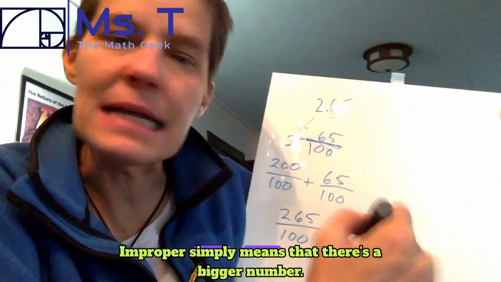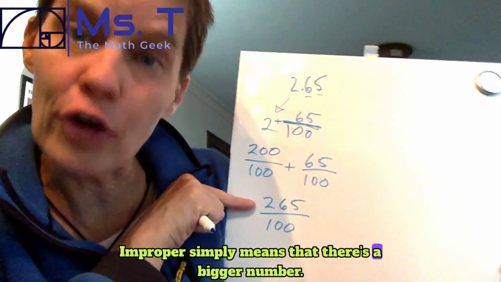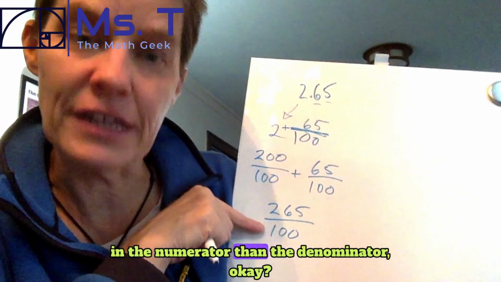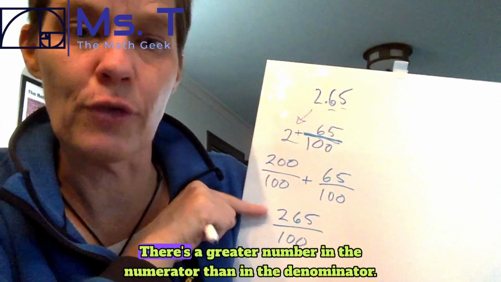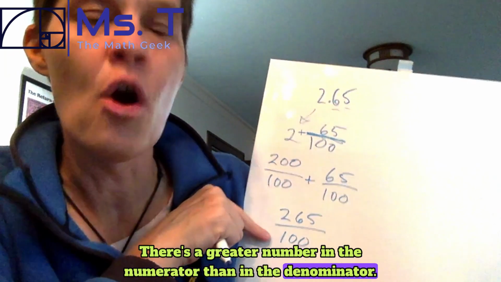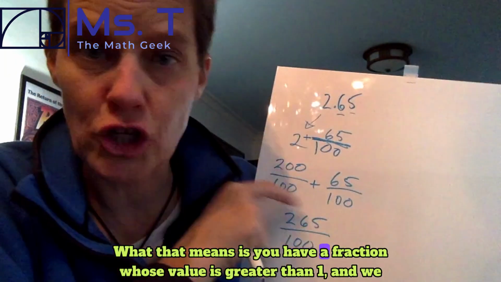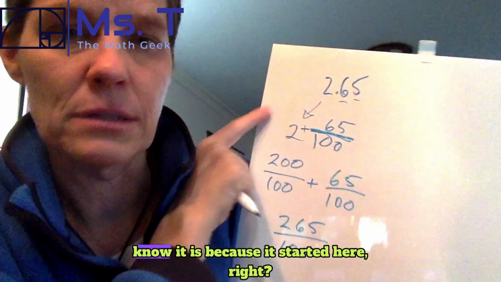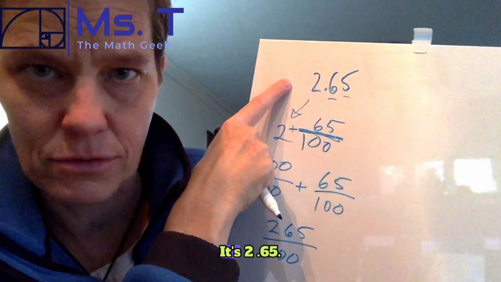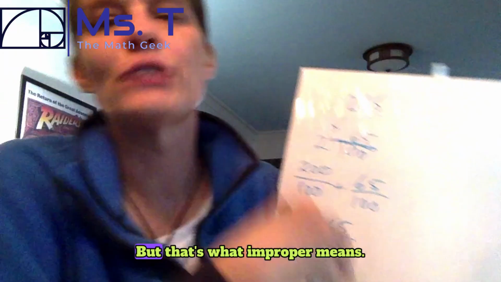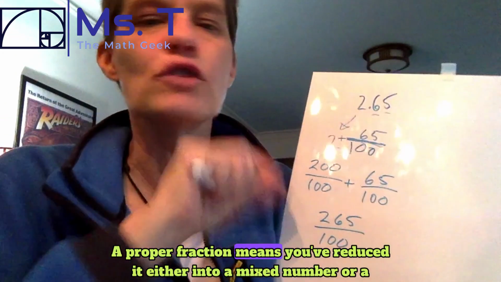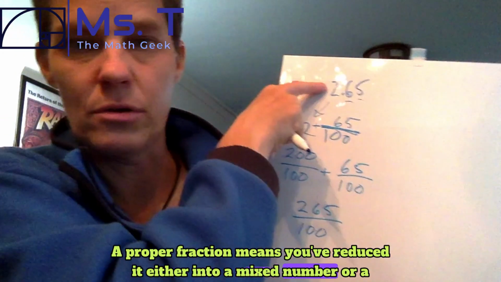Improper simply means that there's a bigger number in the numerator than the denominator. Okay, there's a greater number in the numerator than the denominator. What that means is you have a fraction whose value is greater than 1. And we know it is because it started here, right? It's 2.65. But that's what improper means. A proper fraction means you've reduced it either into a mixed number or a decimal.